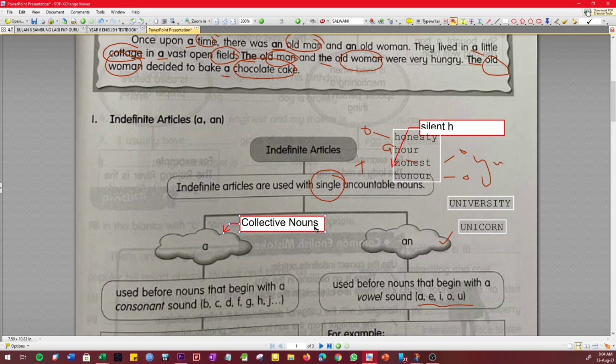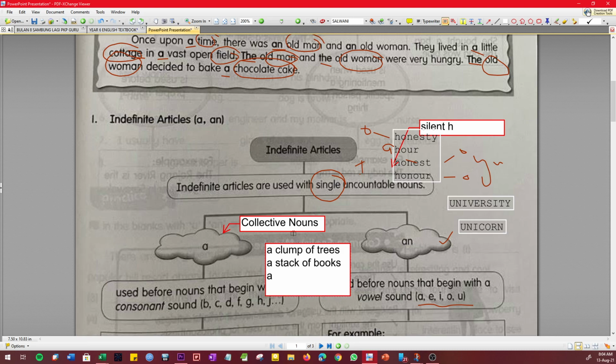Example. Collective nouns. A clump of trees. A stack of books. A stack of books.